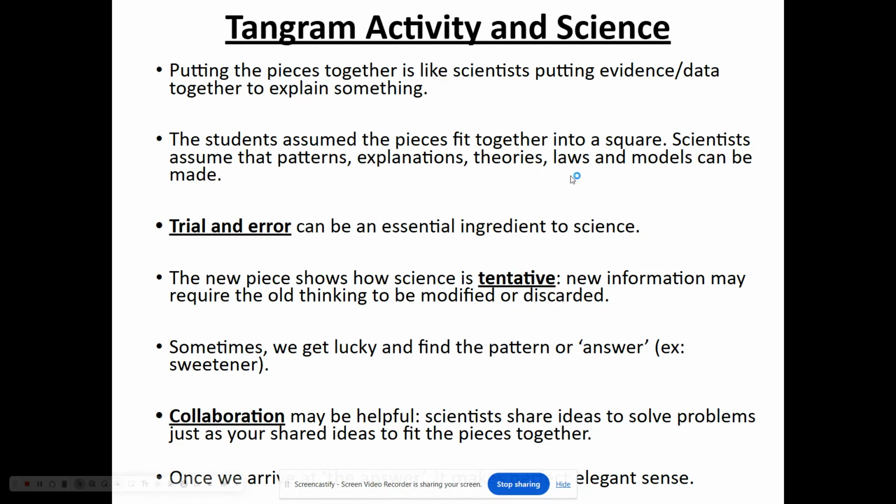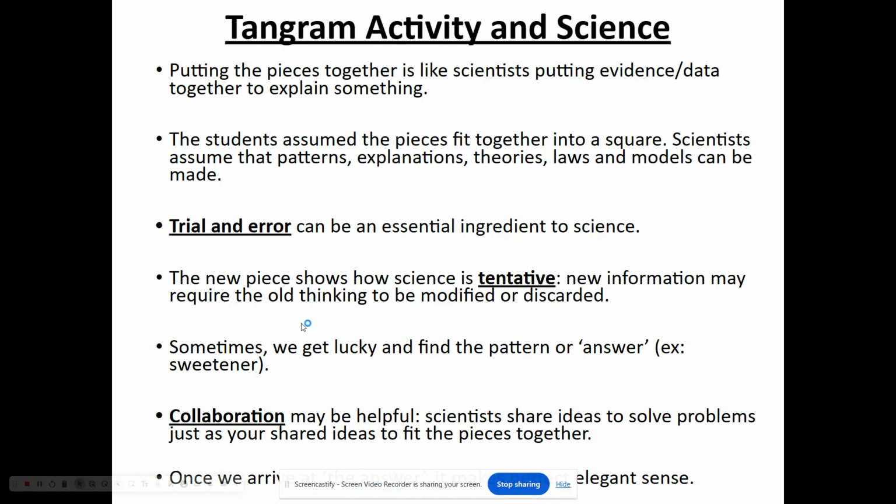The students yourselves basically tried to put the pieces together, making observations, looking at how the edges and borders would fit together. You probably did some trial and error. Maybe the first time you put two pieces together, you thought it would work, but it didn't, so you took them apart and put another two pieces together, and that did work. So trial and error was an important ingredient in this activity that allowed you to solve the problem.